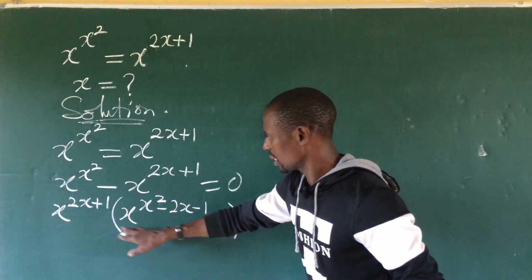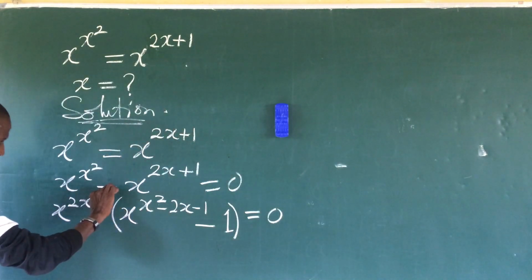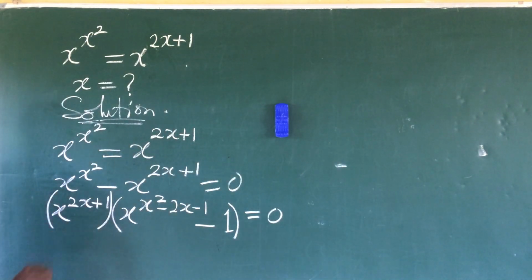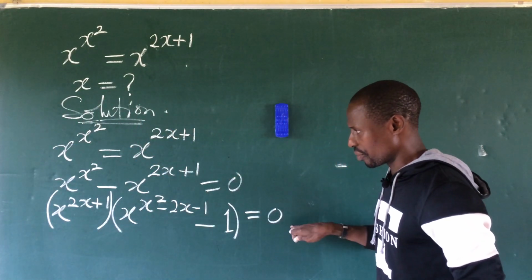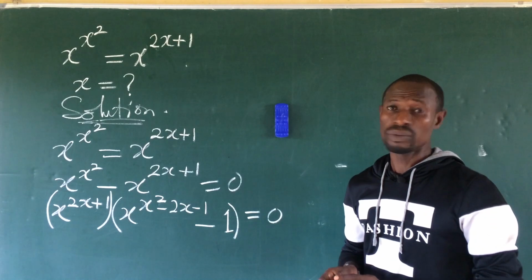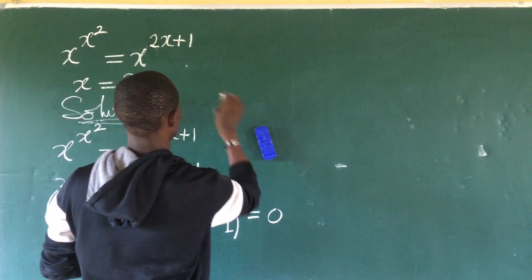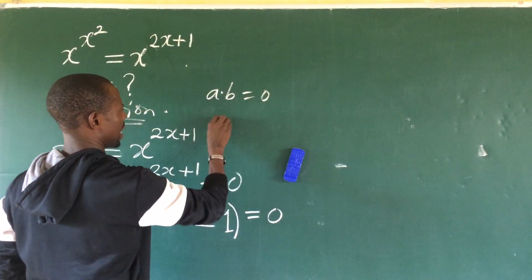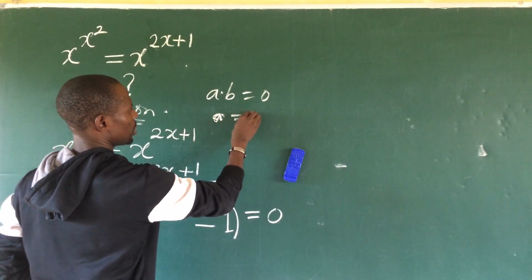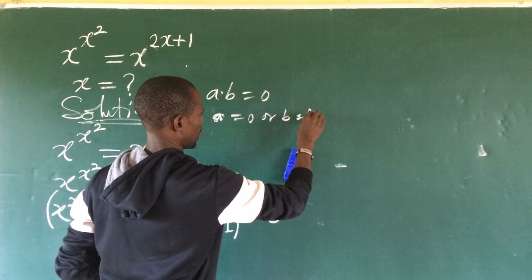Now, if you look at this, we have this multiplied by this. Let me put this in brackets so that we don't get confused. Since we have this times this equal to 0, we succumb to the zero product rule, which says that if a times b equal to 0, this implies that a equal to 0 or b equal to 0.